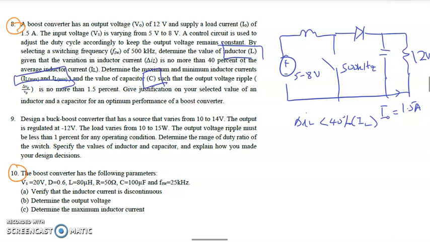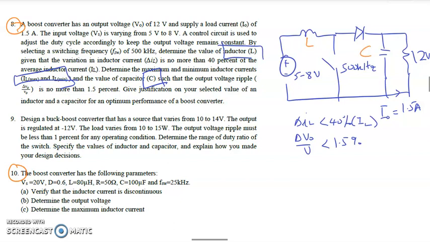Then you should find IL max and IL min, and also C, the value of the capacitor for the circuit, such that C will maintain our ripple less than 1.5%. So delta V out divided by V out is equal to or less than 1.5%.